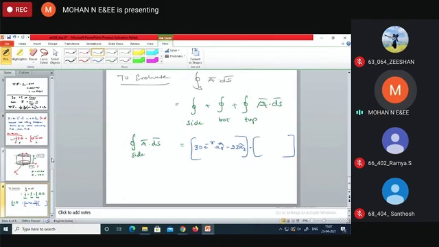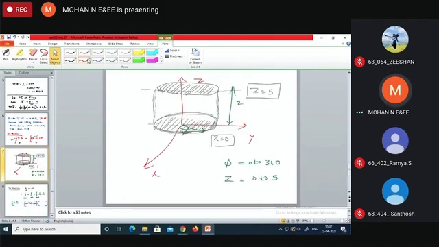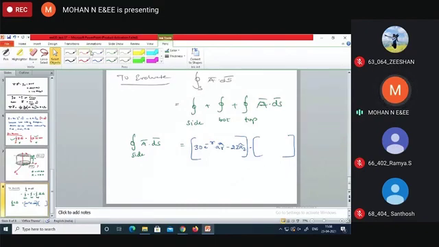This is a curved surface, so the normal is along the ar cap. The normal to the side surface will be along the r direction. Therefore, your ds vector will be equal to r into d phi into dz into ar cap.